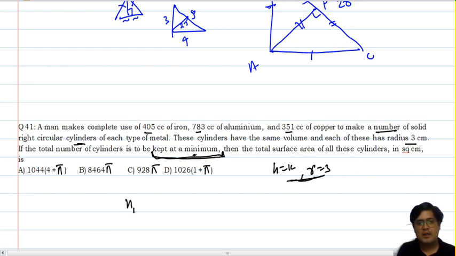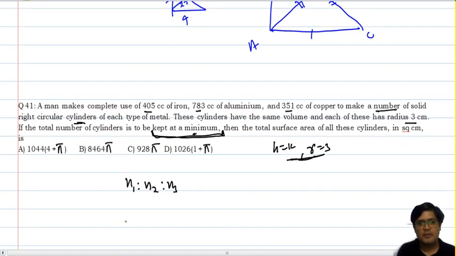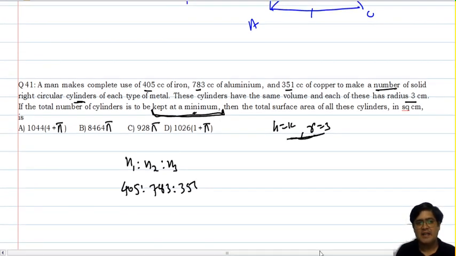So if I assume the number of cylinders to be N1, N2 and N3, they will be in the proportion of 405 ratio 783 ratio 351. I see digit sum of first and last being 9 and digit sum of central one being 18.